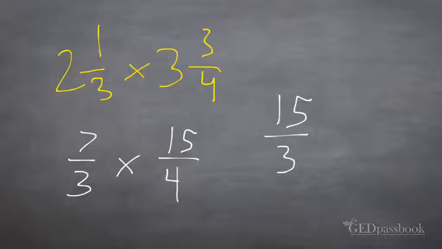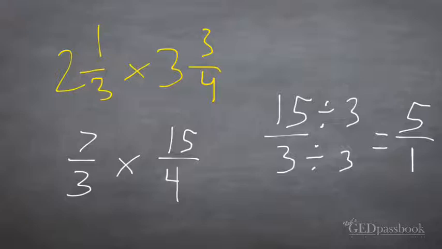So back to this problem right here, 15 over 3. Yes, it could be simplified. They could both be divided evenly by 3. What's 15 divided by 3? 5. What's 3 divided by 3? 1. Look at that. It's simplified to 2 whole numbers, right?